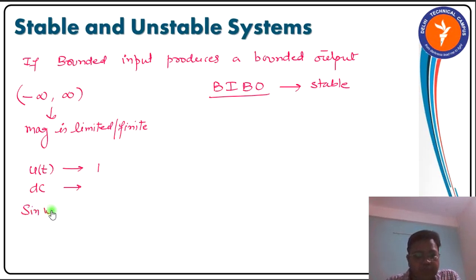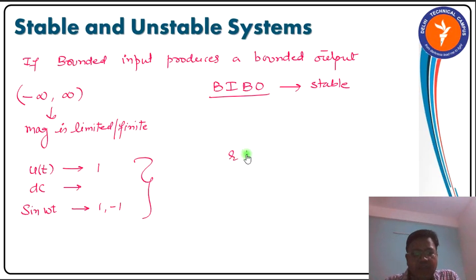Sin(omega t), we know it can go maximum to +1 and minimum to -1. That is, during all the intervals from -infinity to infinity, it will have its magnitude between 1 and -1. Hence the signal is a bounded signal. So these signals are bounded signals.